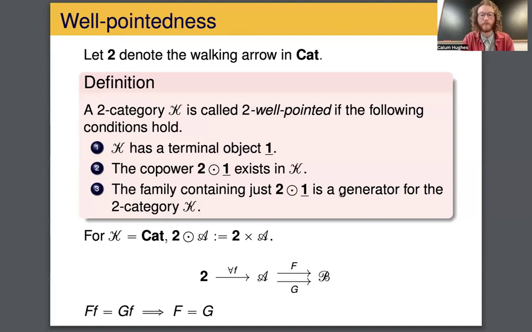So what it means for 2 crossed 1, which is just 2, to be a generator for Cat is precisely this condition: if we look at all maps out of 2 into A, this is jointly faithful. So if we have two functors F and G, and these agree on all maps out of 2, then we can conclude that these are the same functor.